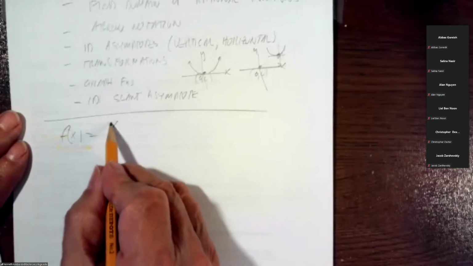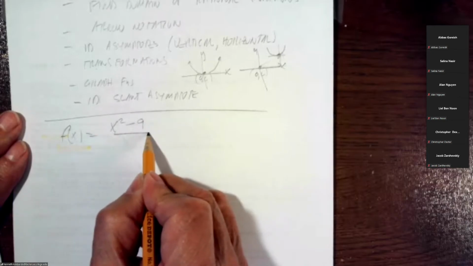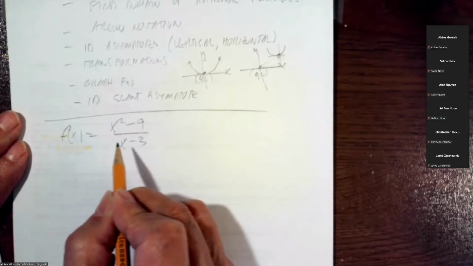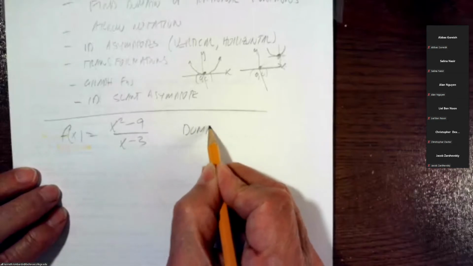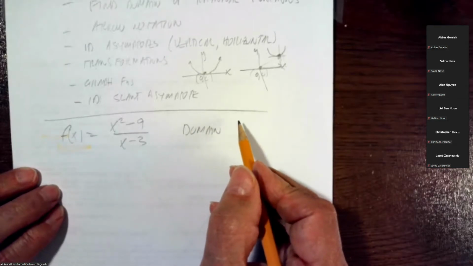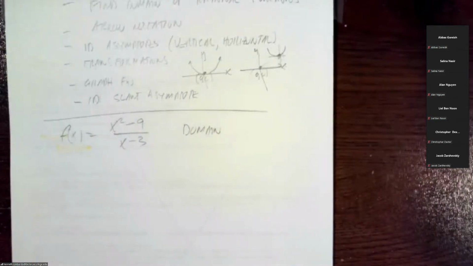Let's say it's x squared minus 9 over x minus 3. And I ask you to find the domain. Okay, so if we're looking for the domain, D, well, we're saying what are the values that x can take on?